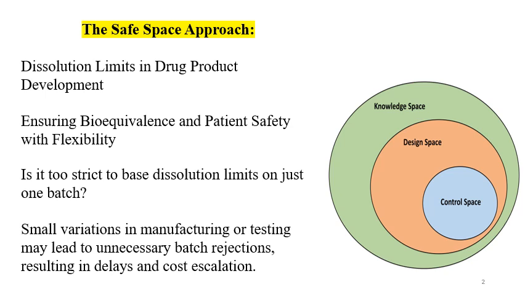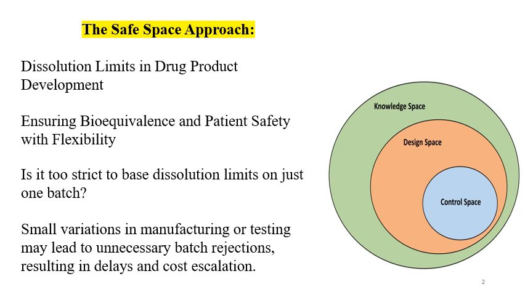So if you have performed a biobatch with a release rate of, let's say, 100% release in 15 minutes, and you set the dissolution criteria based on that, then if your batch shows 100% dissolution in 30 minutes, you will reject that batch because you set the acceptance criteria considering the bioequivalence batch, though that batch may be bioequivalent.